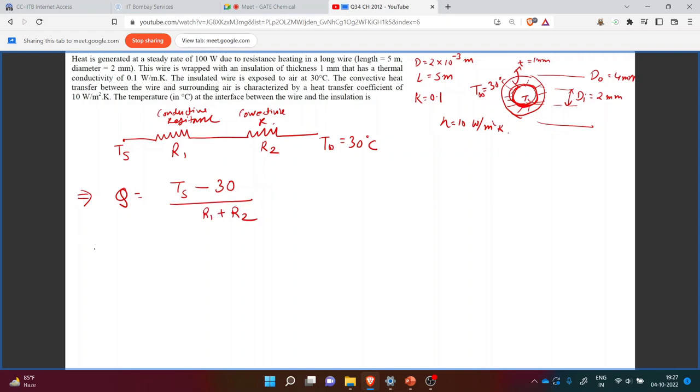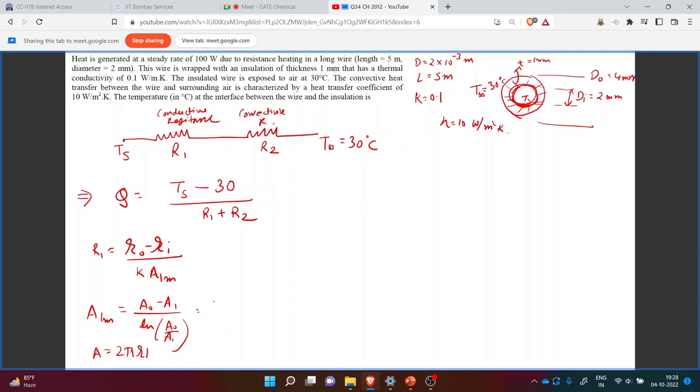Now R1 we can write it as r0 minus ri upon k times the log mean area, ALM. The log mean area for the cylinder we can write as A0 minus Ai upon ln of A0 upon Ai. So area we can replace as 2 pi r l; for outer it will be 2 pi r0 l, and for inner it will become 2 pi ri l.